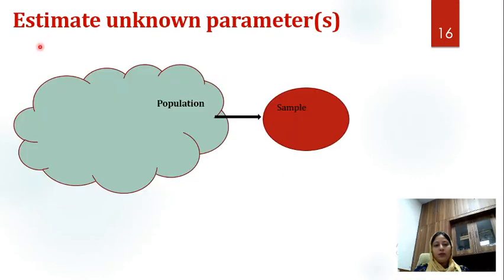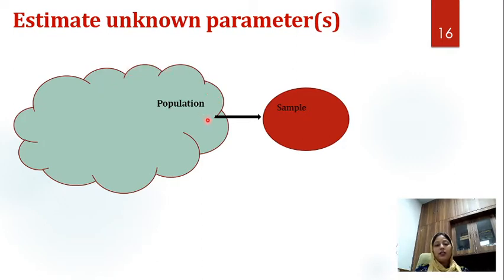Now the problem is that we have a population and we are supposed to obtain estimates of the population parameters. Population is the entire set of units that we are considering for estimation purposes. Due to constraints of time and money, we do not resort to complete enumeration.